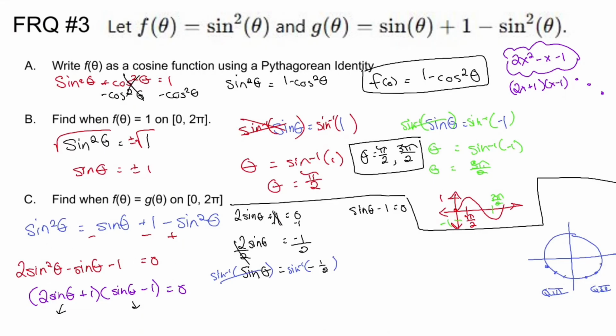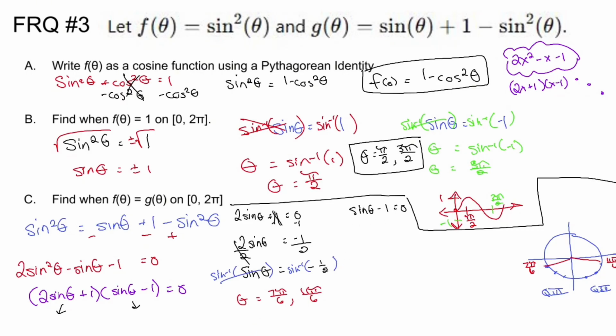Negative 1/2 is going to be, for a y value, the dot closest to the x-axis, so these two. That gives me 7 pi over 6 and 11 pi over 6. So theta in this case is going to be 7 pi over 6 and 11 pi over 6.